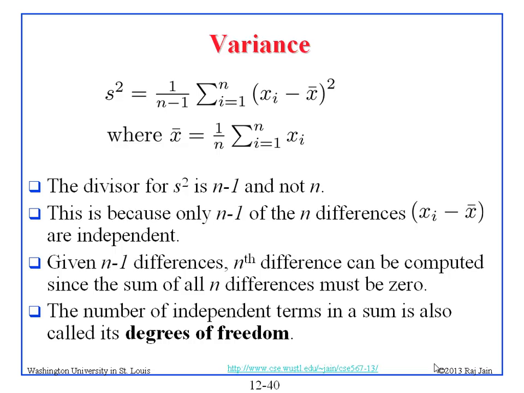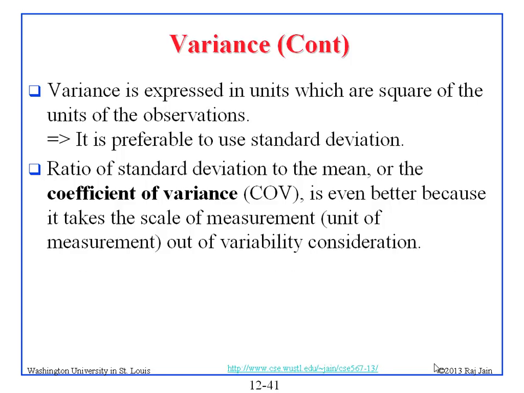All right. The main thing I wanted to get across from this slide is not so much variance, which you already knew, but degrees of freedom. There are several things that we have already talked about. Variance is not preferable because of its unit.